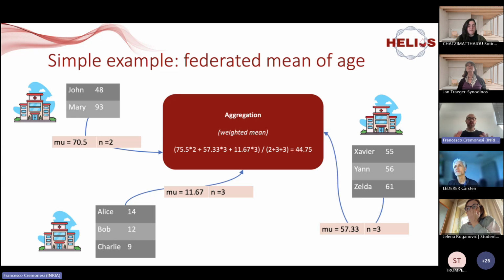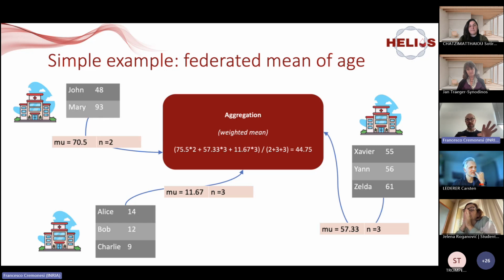To me this example is informative because, first of all, it shows that you can obtain the exact same result that you would obtain by centralizing the data, even though you've never shared the actual data points. This is the key point of federated learning: to obtain exactly the same answer, or as close as possible to the answer that we would have by pooling all of the data together, but without ever sharing this data.